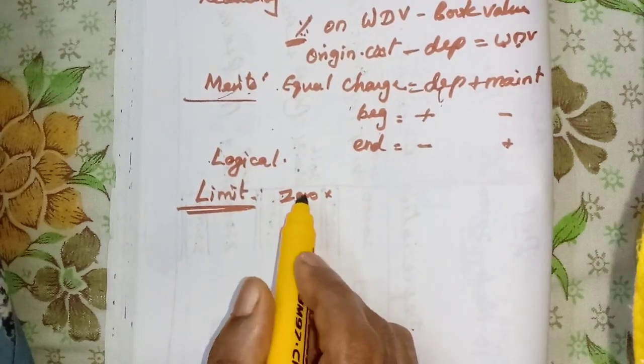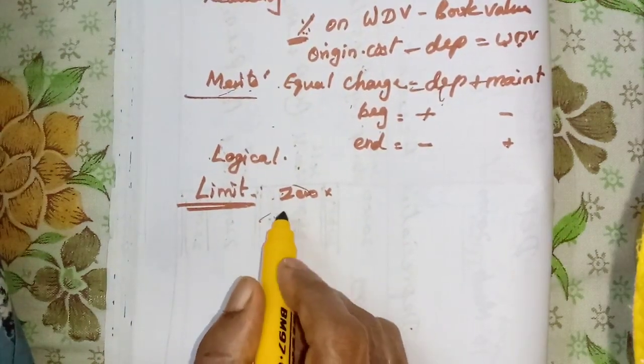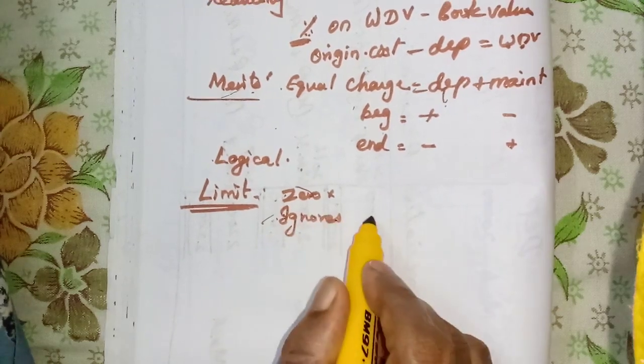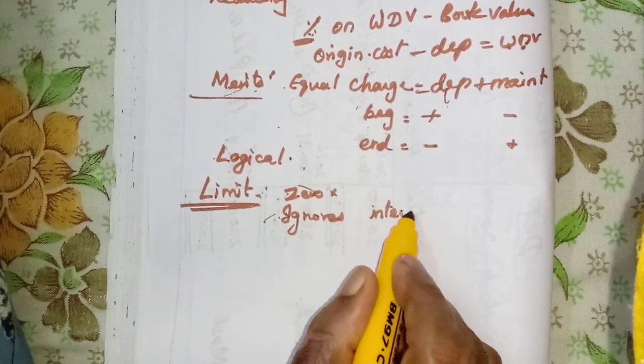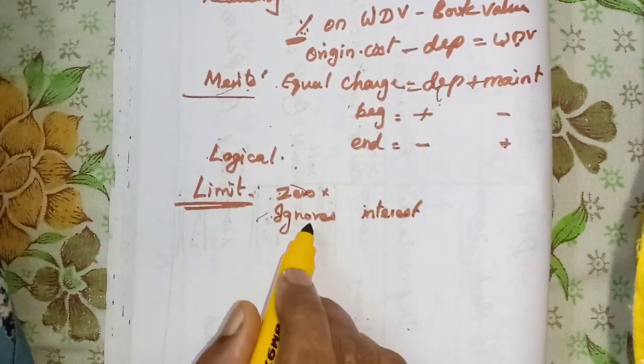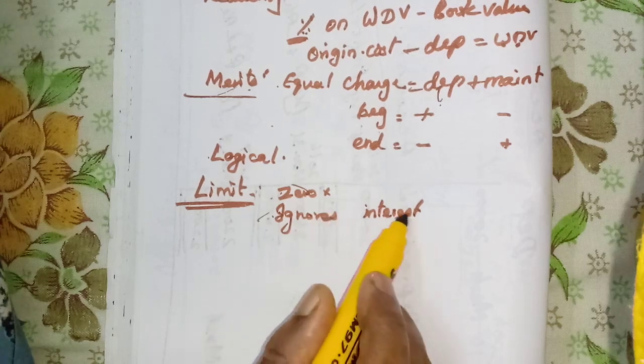And as in the previous problem method, here also it ignores the interest. Okay, we are going to learn some of the other methods. There in one or two methods they are considering the interest.